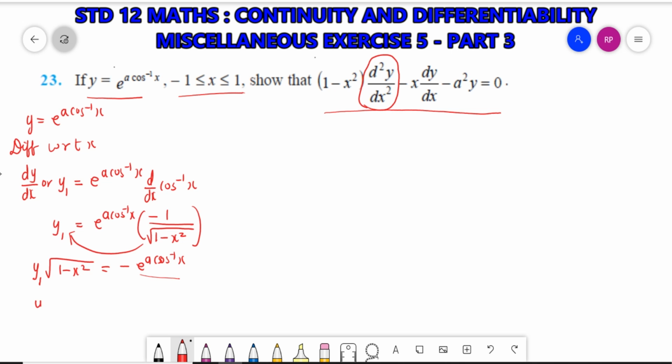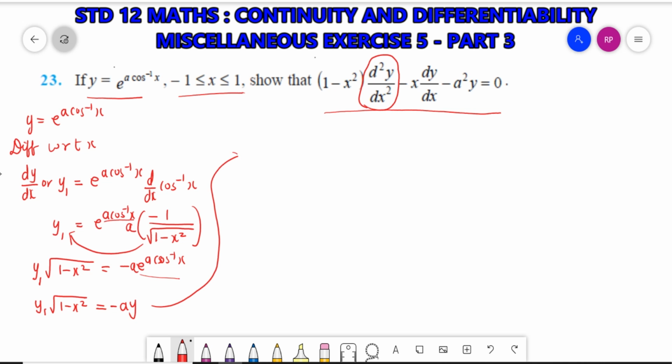So y1 into root of 1 minus x square equal to minus y. Okay, clear? Sorry, there is a mistake. Here it will be a, because into d by dx of a cos inverse x, a as it is, so it will be e raised to a cos inverse x, and here it will be minus ay.